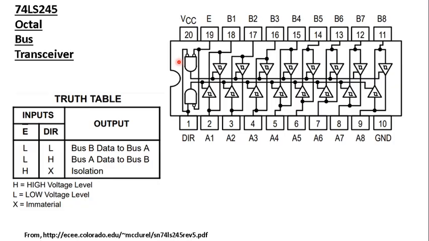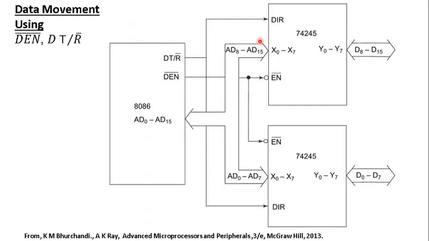When E is low, that is, data enable is low from 8086, and DIR is low, we are hoping to have a receive operation. What happens is B to A conduction, which means reception of data from the peripheral to 8086.